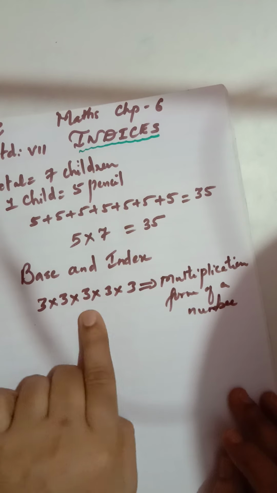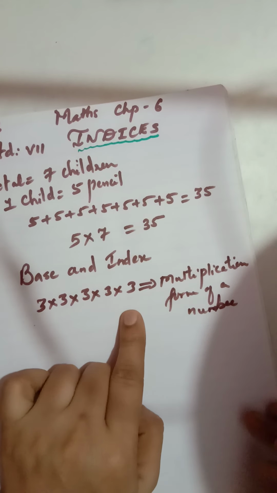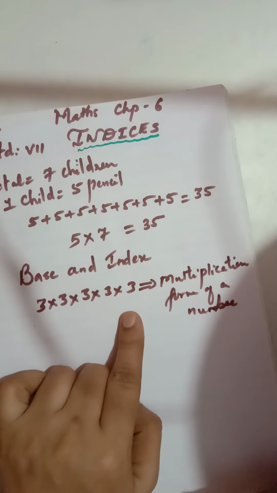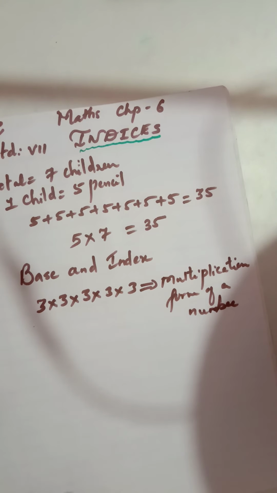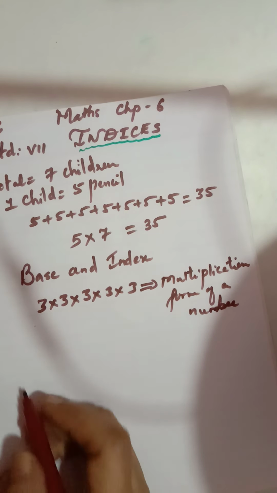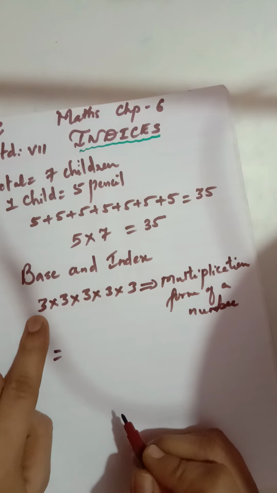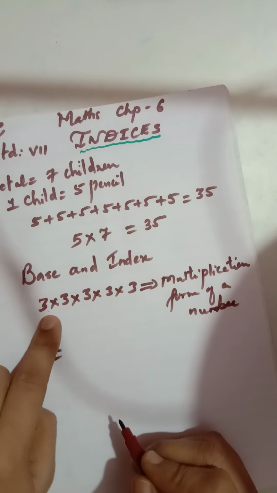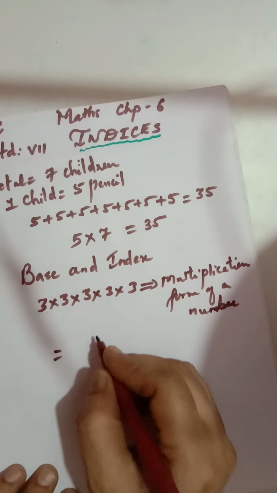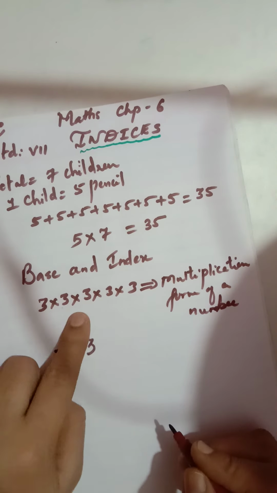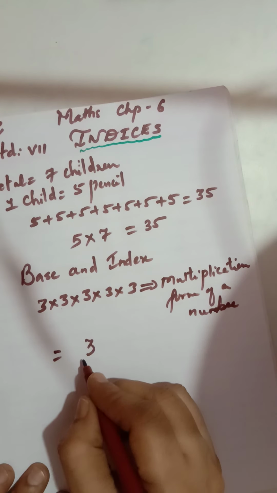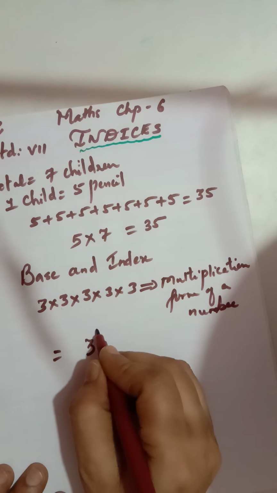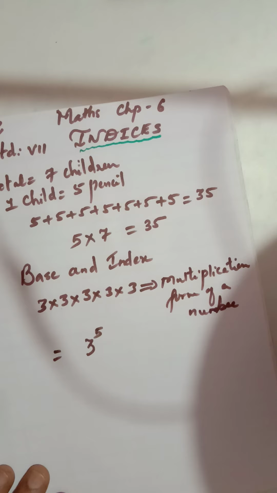Now same thing children, we can express in the form of index. How? What is the number we are using? That is 3. And how many times have we multiplied? 1, 2, 3, 4, 5 times. So that 5 will become the power, or exponent.